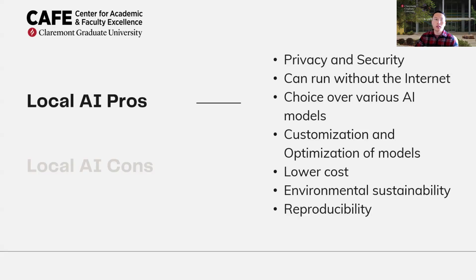But if you're using local AI, that cost is often none, or very low. Because first of all, there is software that can host local AI, and many of them you can download for free.